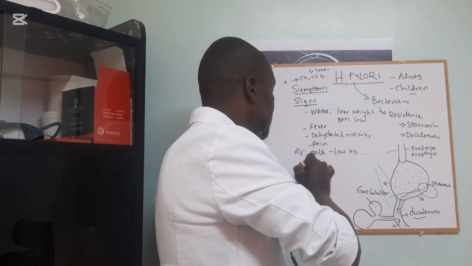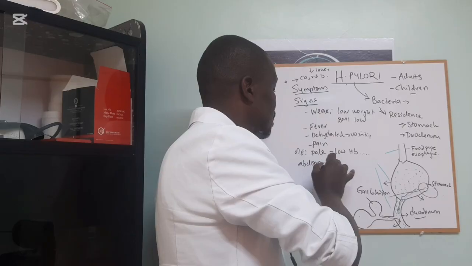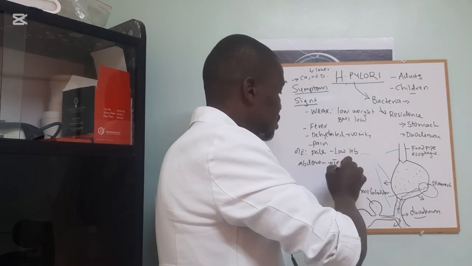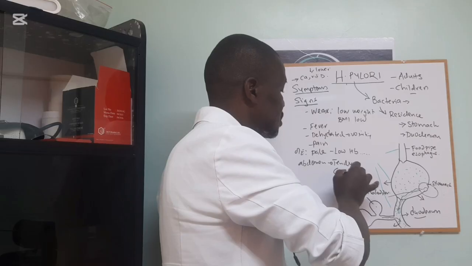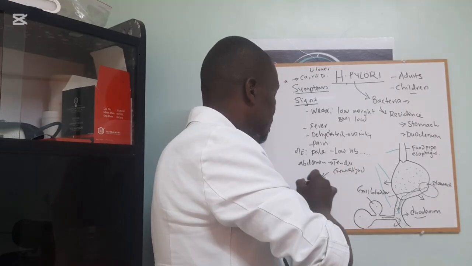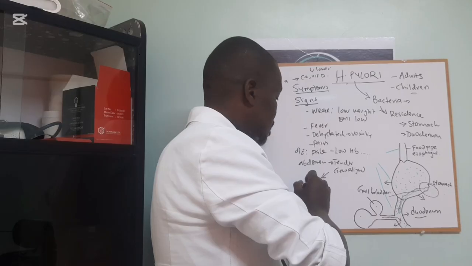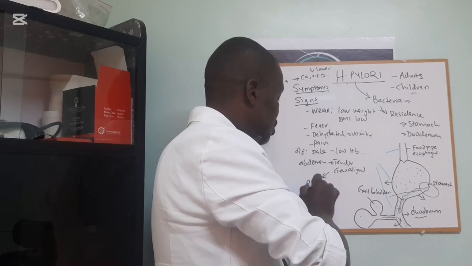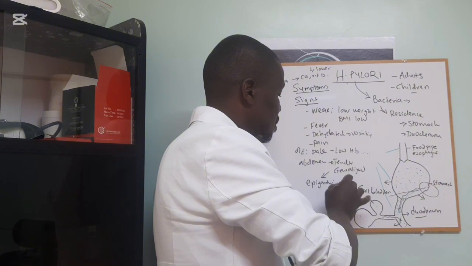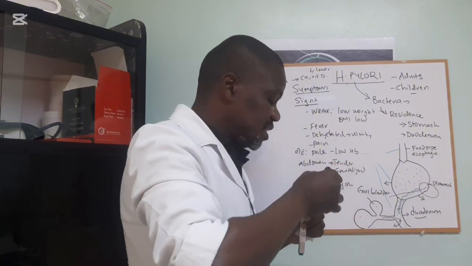And on the abdomen, it might be tender. Actually, it will be tender. It will be generalized. But with areas of the epigastric region having the worst of the tenderness.